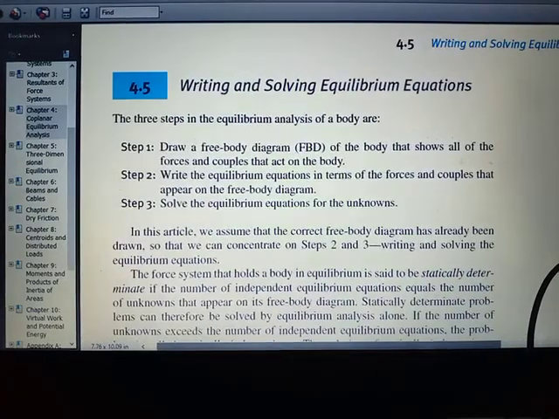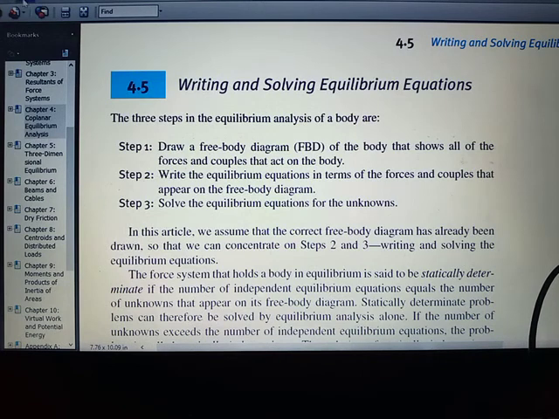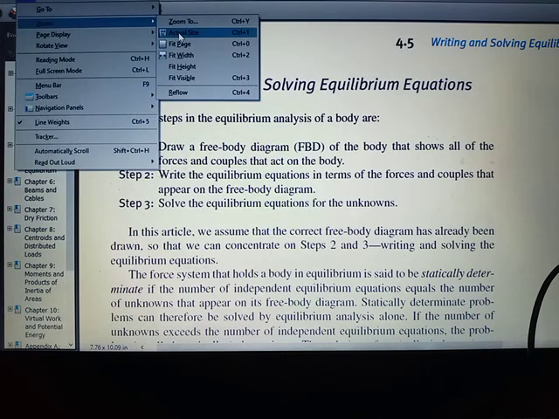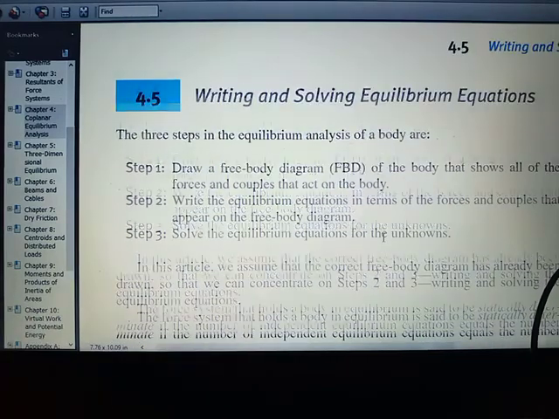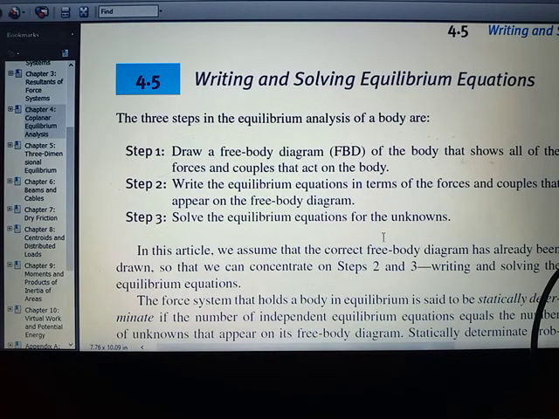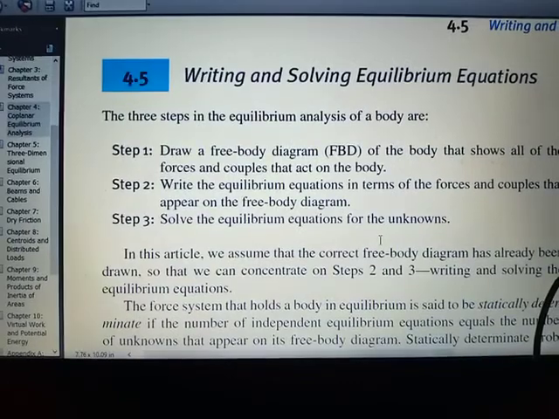So, these are the steps in writing. Okay, lakihan natin ng konti. 175%. Okay. So, these are the three steps in the equilibrium analysis.